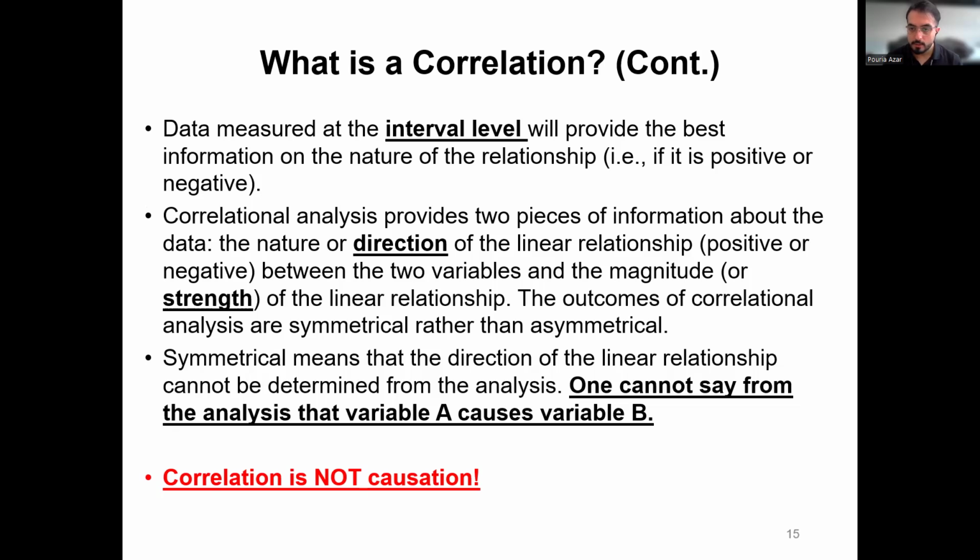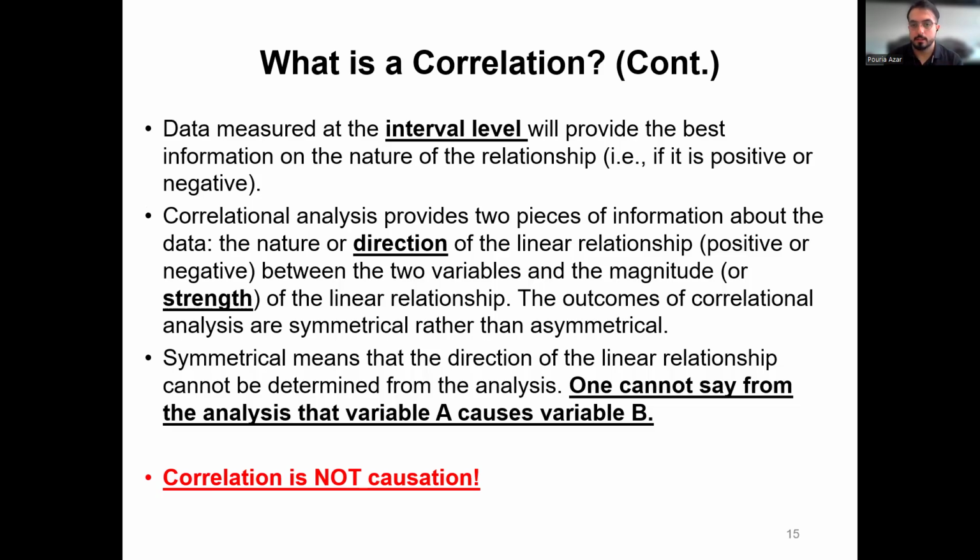Remember, outcomes of correlation analysis are symmetrical rather than asymmetrical. Symmetrical means that the direction of the linear relationship cannot be determined from the analysis. In other words, one cannot say from the correlation analysis that variable A causes variable B. So here we have a key point.